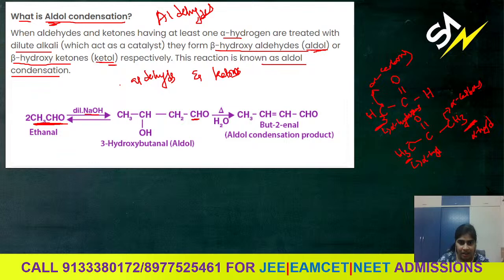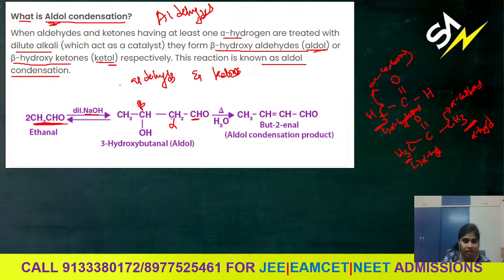The carbon attached to this aldehyde group is known as the alpha carbon. Next to the alpha carbon is the beta carbon. The hydroxy group is formed at this beta position. That's why it is known as beta hydroxyaldehyde, because of the aldehyde group present in it. That's why the product formed is beta hydroxyaldehyde, that is aldol.